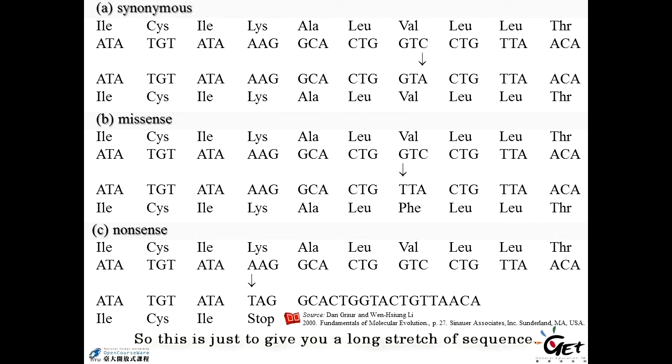So this just gives you a long stretch of sequence. I think you don't have any problem recognizing synonymous and non-synonymous. In our midterm, I'll give you the codon table so you don't have to memorize it.